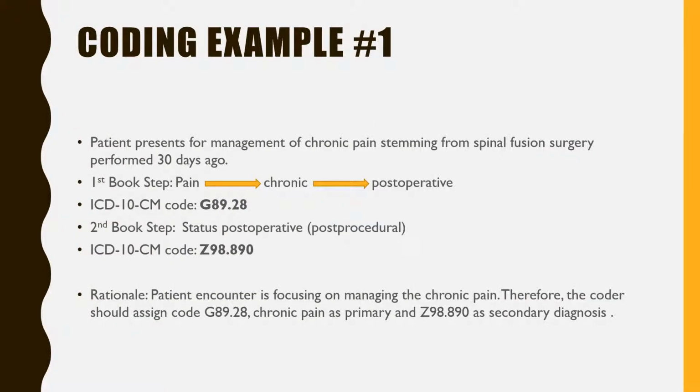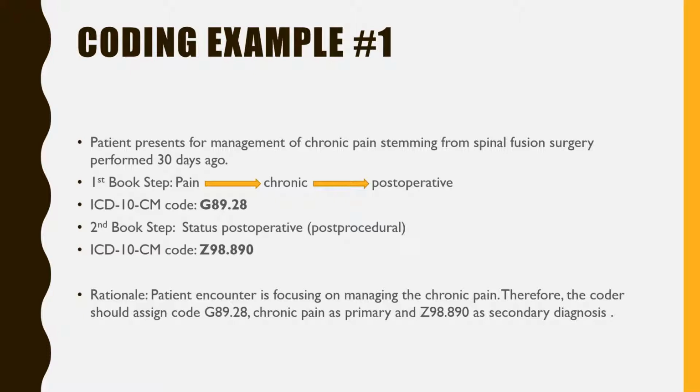So we're into our first coding example. The patient presents for management of chronic pain stemming from spinal fusion surgery performed 30 days ago. In this particular scenario, we're actually going to have two book steps. The first one is to identify the chronic pain, and then the second one is to identify the underlying condition.